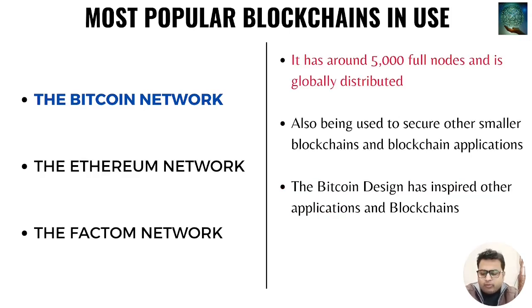The Bitcoin network has around 5,000 full nodes and it is distributed globally. Because of its size and time-tested security, it has also been used to secure other smaller blockchains and blockchain applications. Bitcoin's design has inspired other applications and blockchains, like Ethereum and Factom, to come into the picture.